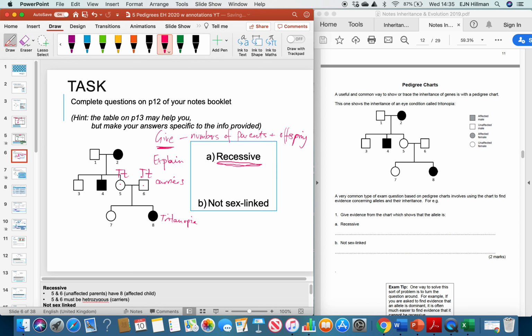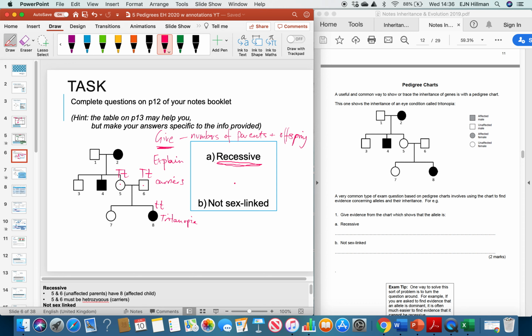They can then pass on 2 of those recessive alleles to their daughter here. So the daughter would be homozygous recessive, and therefore she would have tritanopia. So if we're looking for evidence of a recessive condition, we look for 2 parents who are unaffected and an offspring who is affected. So the unaffected parents must therefore be heterozygous carriers. The offspring must be homozygous recessive and have that condition.